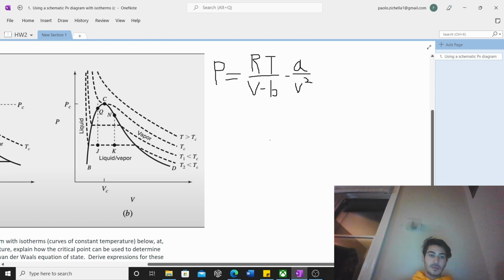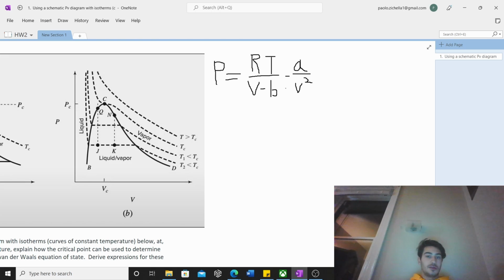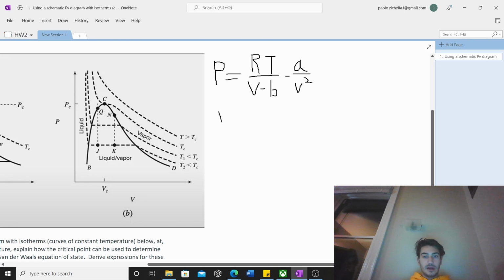As we said, looking at this PV diagram at the critical point, the first and second derivatives are equal to 0. So let's put that in so that we can start solving for some equations.